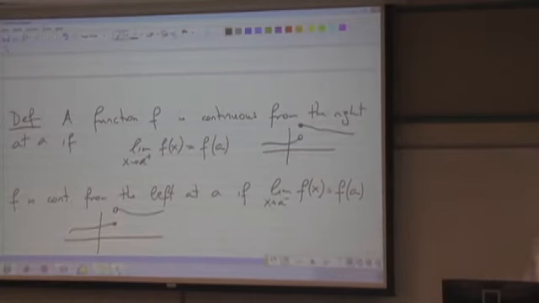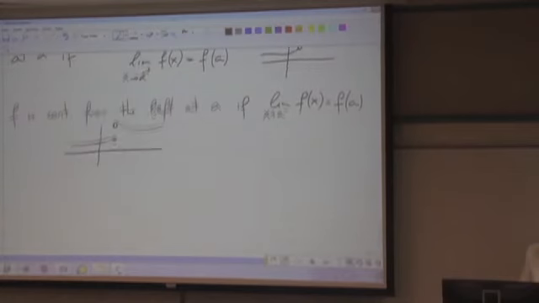Alright, so as it turns out, we're going to have some tools to deal with continuous functions, so we don't have to actually compute these limits every single time. But first of all, let's do another definition.